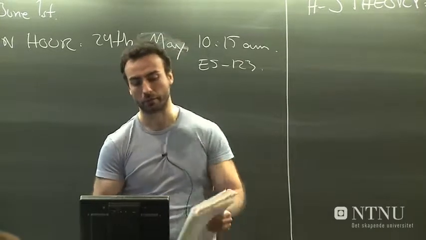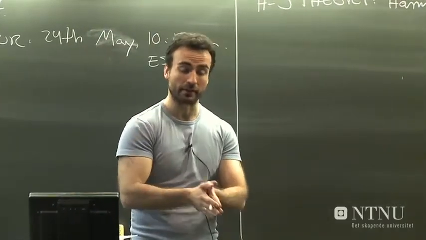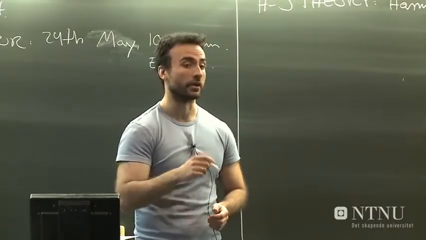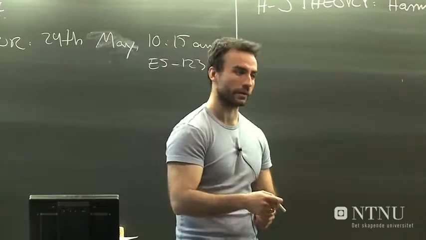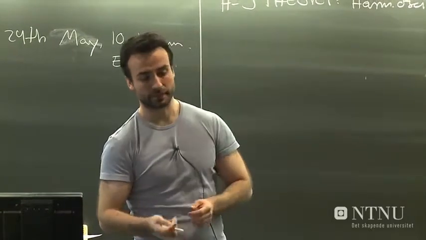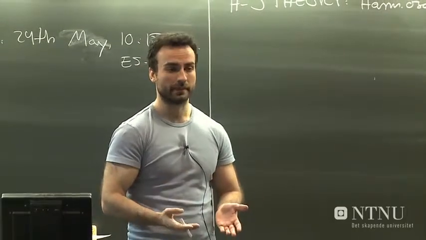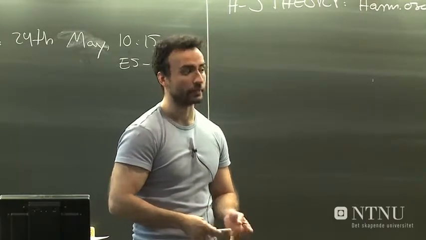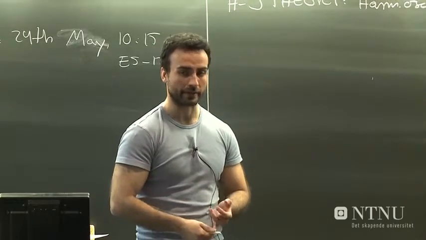So the main idea is to take the original Hamiltonian describing your system, and then perform a canonical transformation on the coordinates and the canonical momentum, so that the new Hamiltonian is 0. We can accomplish this by means of the generating function, in particular the generating function of the second class, as we had a look at.